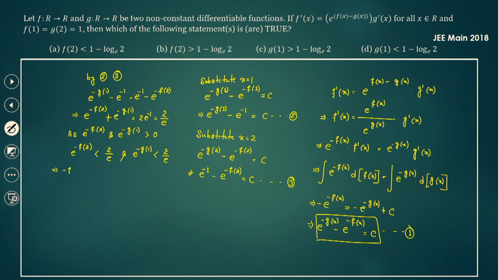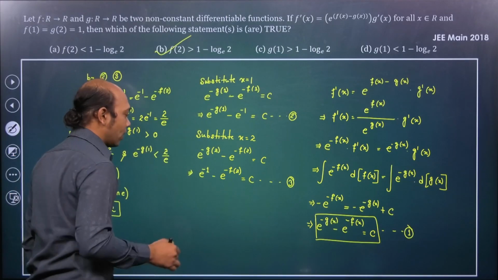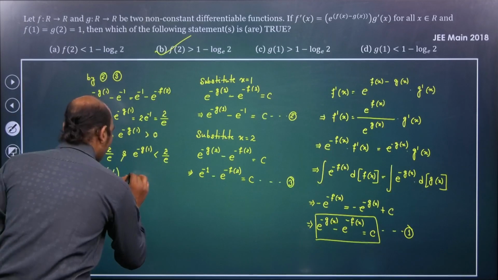Minus f2 is less than ln of 2 by e, so f2 is greater than ln e minus ln 2, which is 1 minus ln 2. That's actually the answer. Let us go ahead and operate the second way.